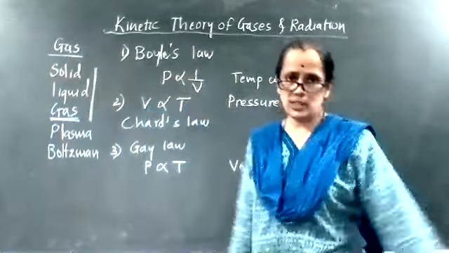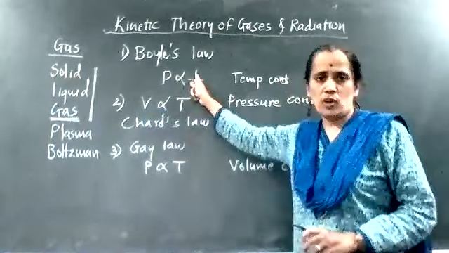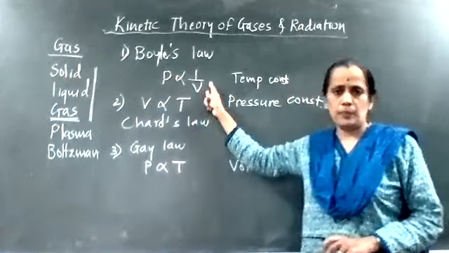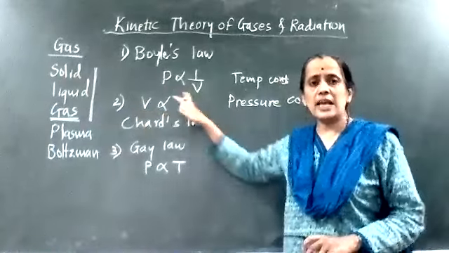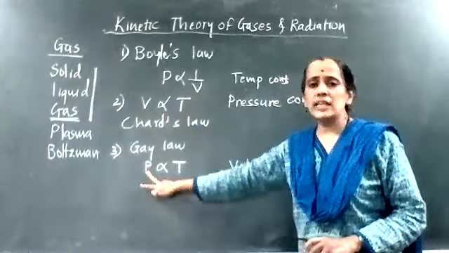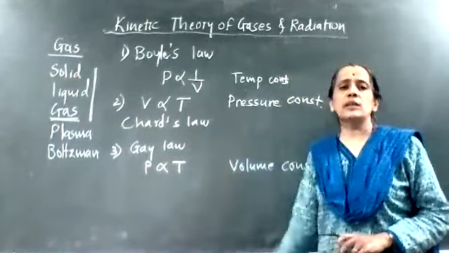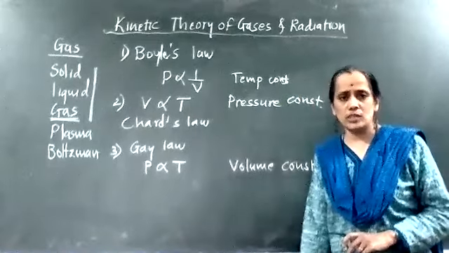Which gas laws have we considered till date? First, Boyle's law, which gives the relation between pressure and volume. Charles law, which gives the relation between volume of gas and temperature. And Gay's law, which gives the relation between pressure and temperature, provided that the volume of the gas remains constant.